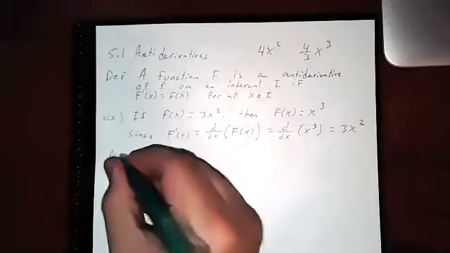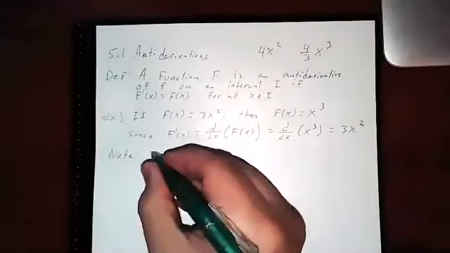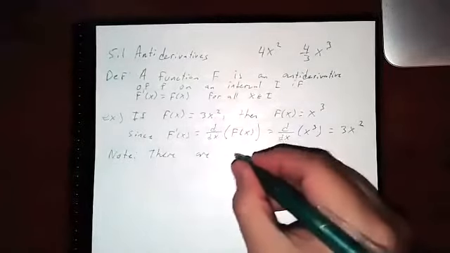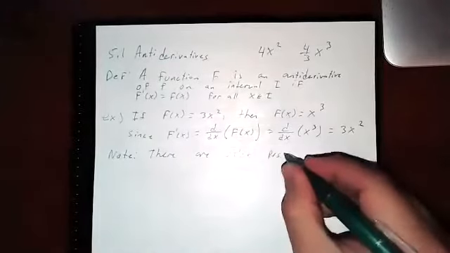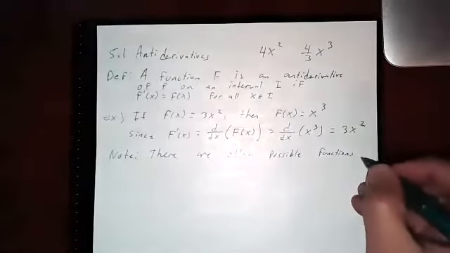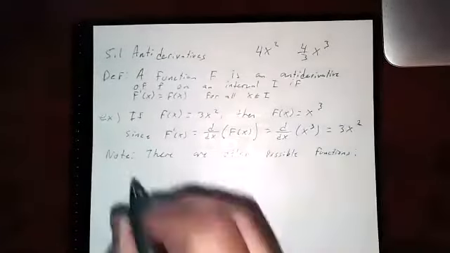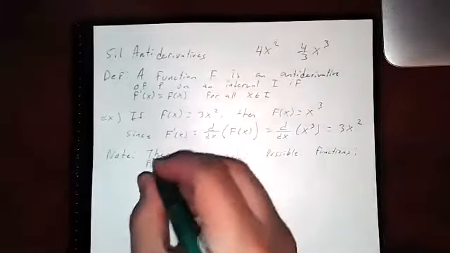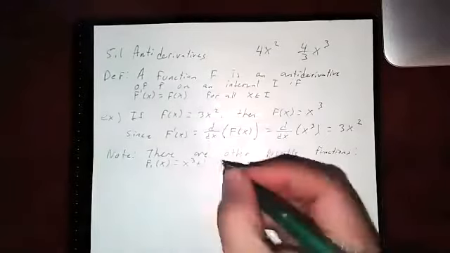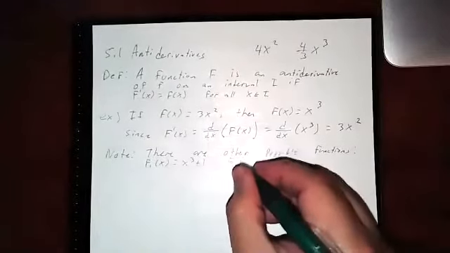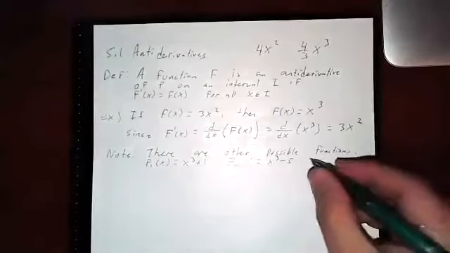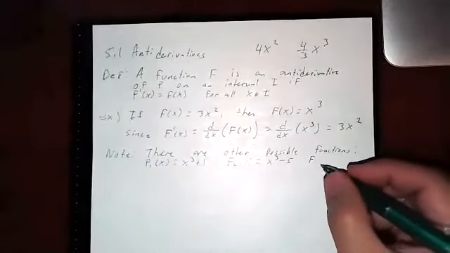So note, there are other possible functions: f1 of x equal to x cubed plus 1, f2 of x equal to x cubed minus 5. You see how these would all technically work, right, as the antiderivative?